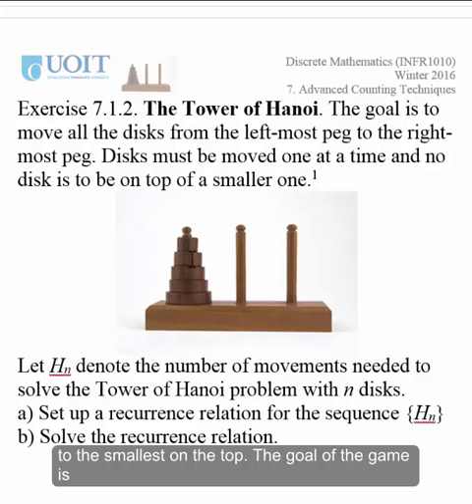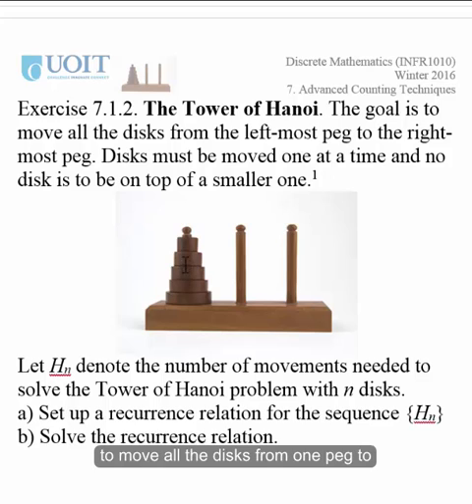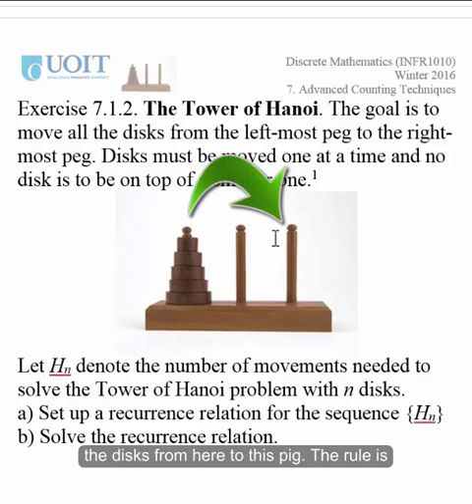The goal of the game is to move all the discs from one peg to the peg in the opposite extreme of your set of pegs. So you need to move all the discs from here to this peg.